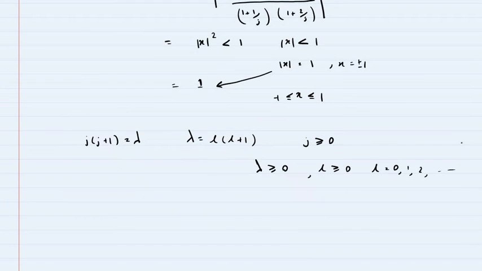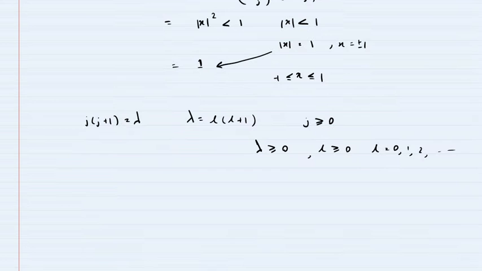Which means when we need to have a physically feasible solution for our Legendre ODE, we should have lambda in the form of L times L plus 1, and L should be an integer which is greater than or equal to 0.